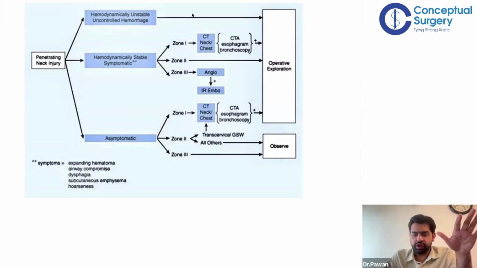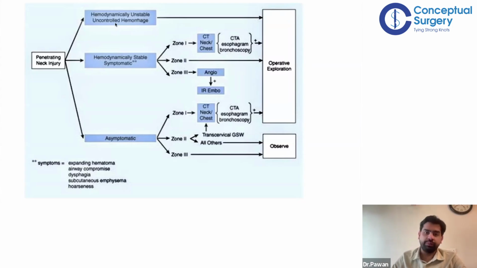We don't need any other investigation. We directly take the patient for exploration of the neck. So if we have any of the hard signs or the patient is hemodynamically unstable, we do not need any investigation. We need to take the patient for operative intervention immediately, operation and exploration of that neck.